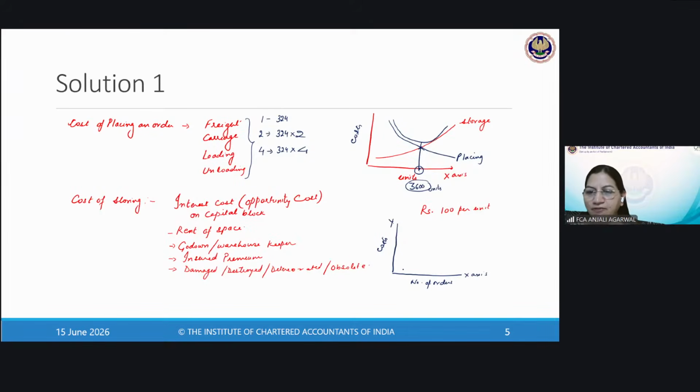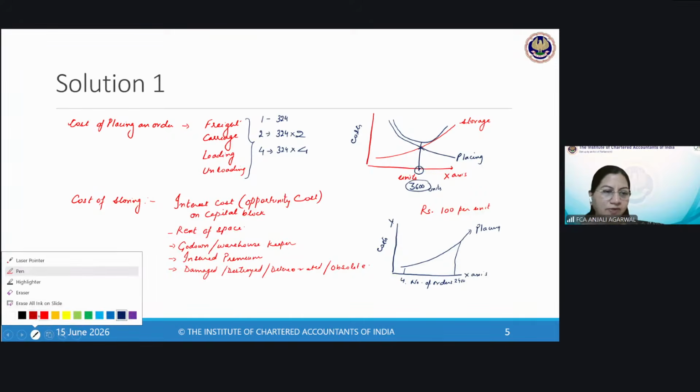So if you have more orders, the placing cost increases. If I buy 6,000 units at a time, I have 4 orders. If I buy only, let's say, 10 units, then I'll have 2,400 orders. As the number of orders increases, placing costs will increase.